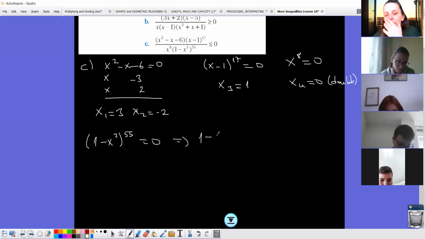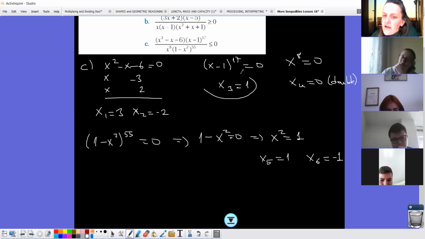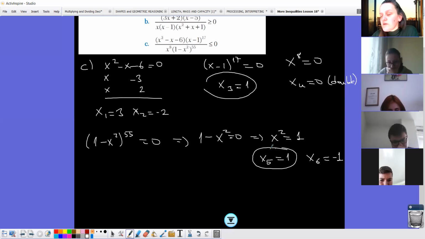From here, I will find 1 minus x squared is equal to 0, and then x squared is equal to 1. Then from here, how many roots will I find? x5 is 1, x6 is minus 1. But here, I have 1 here and 1 here. Both of them are the same.